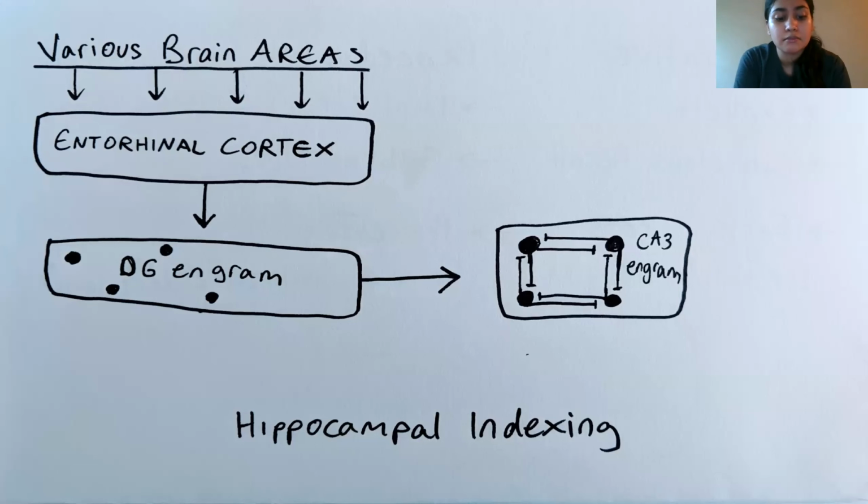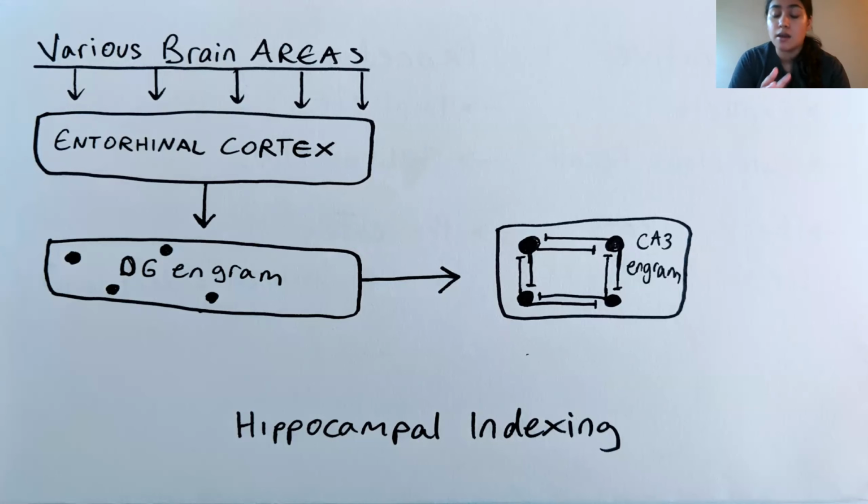So the mechanism by which your experiences turn into short-term memories is called hippocampal indexing. Basically, during an experience, all sorts of areas around the brain are active, right? All of these areas are sending inputs to the entorhinal cortex during an experience.